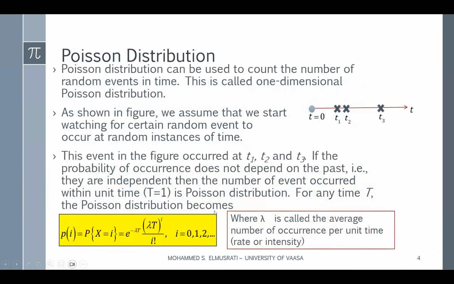Here is the derivation of this equation. The idea is that the Poisson distribution can be used to count the number of random events in time. Now let us give this physical meaning.